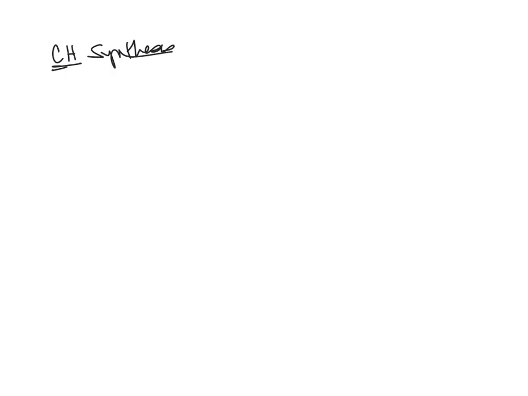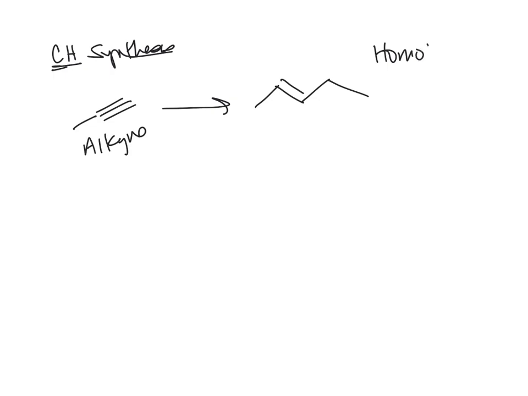And the reason why you want to do alkyne, so you have this problem, this is an alkyne, it is a way to do homologation. So homologation is when you increase the number of carbons in the carbon chain. And so it's a very important way to do that.